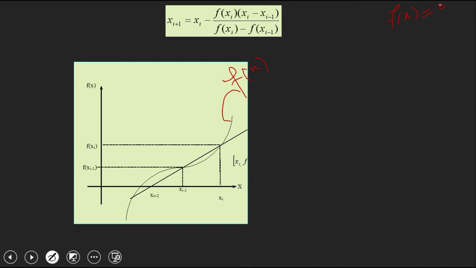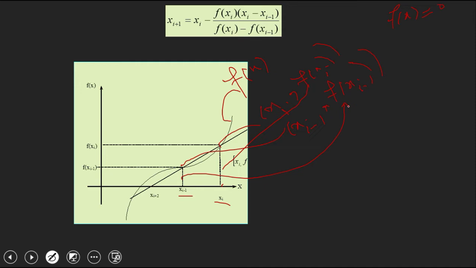In the secant method, let us initially take two guesses, x i and x i minus 1. That point will be x i comma f of x i, where f of x i represents that height, and x i is the point on the x-axis, and the other point will be x i minus 1 comma f of x i minus 1. Here also f of x i minus 1 represents this height, and x i minus 1 is the distance from the origin on the x-axis.